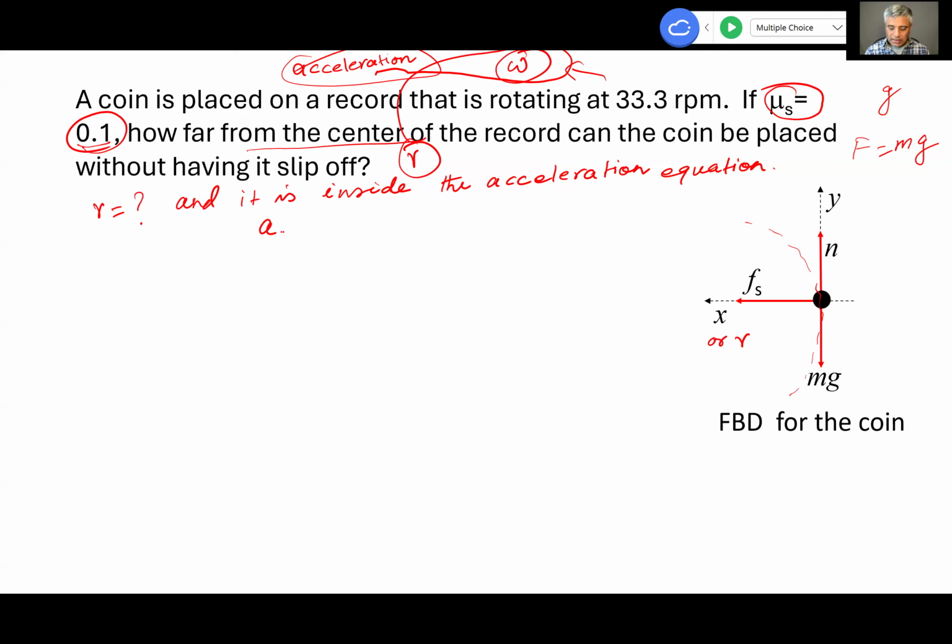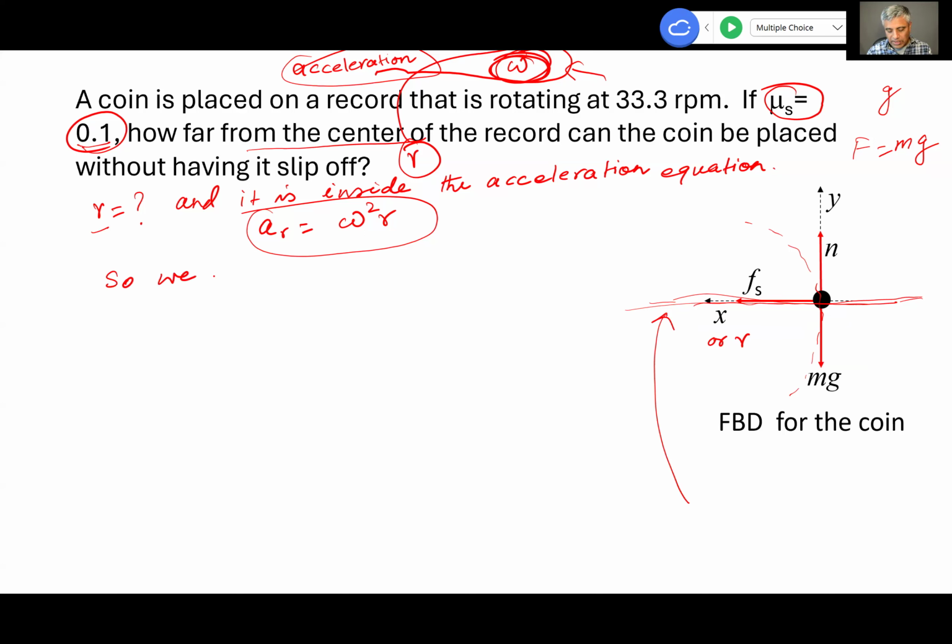That is, a_r is, so in this case, it's given in terms of angular speed. So I'm writing that instead, omega squared times r. So I'm going to write that, okay? So that's there. So that means we are looking for radial acceleration. Radial acceleration is acting in that direction. So that tells us we need to write the equation in that direction.